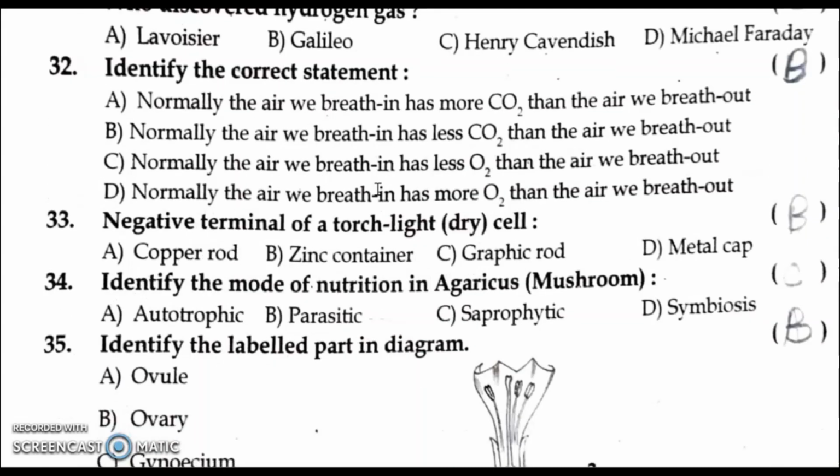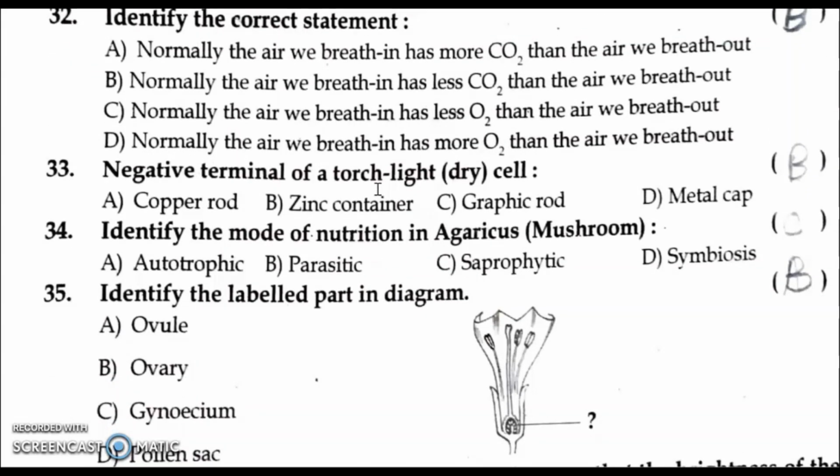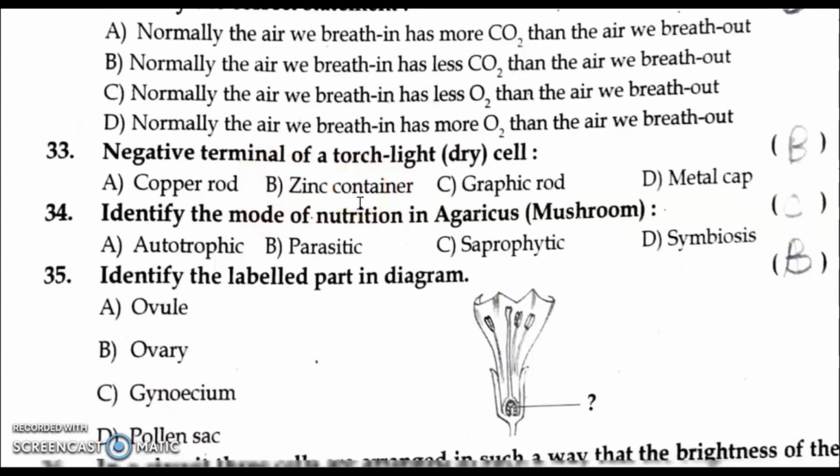The negative terminal of the torchlight dry cell is here. Have you seen the dry cell, which is the torchlight cell? It is a zinc container which has the negative terminal. So it is B, zinc container.